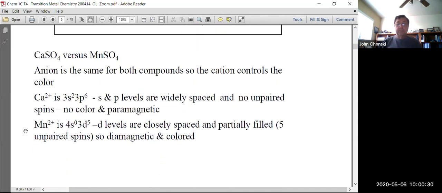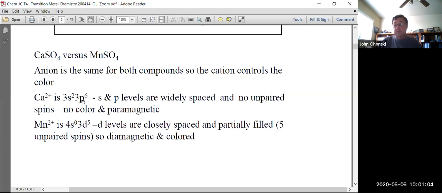If we take two examples, calcium, like calcium carbonate, and manganese(II) carbonate, if we look at the electronic levels, notice here we have for calcium a 3s 3p filled shell. Now, why do I say that's a filled shell? Because calcium should be what? It should have 4s2 electrons, which it doesn't.